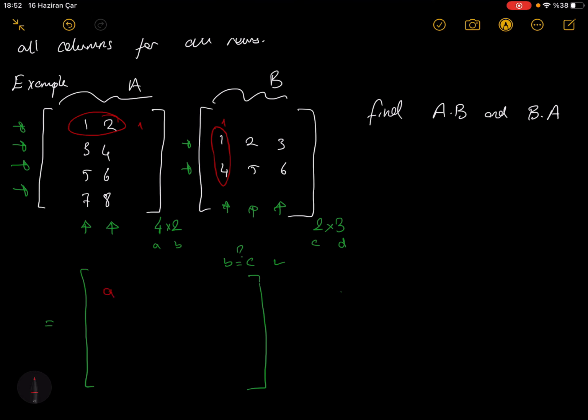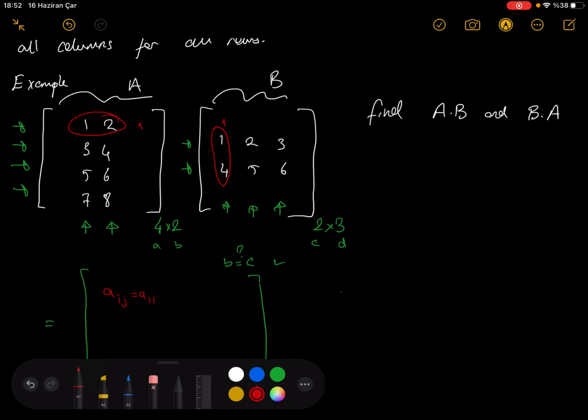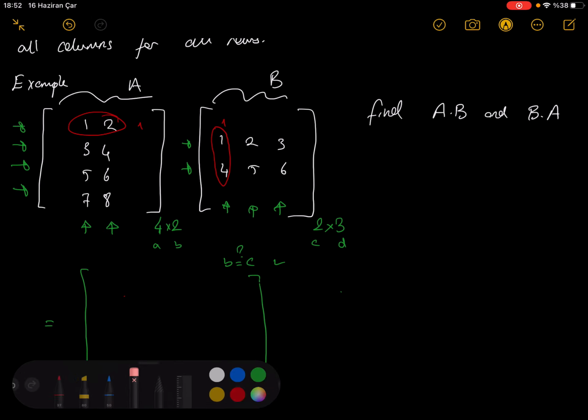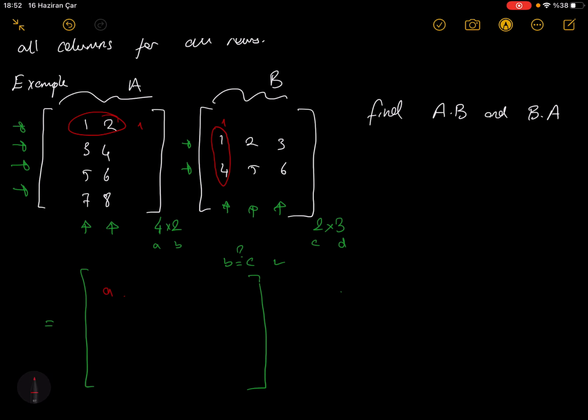So we are writing Aij. Here it becomes A11, right? I am writing A11 because I am going to take the first row and first column. Let me write it here so that everyone can remember.